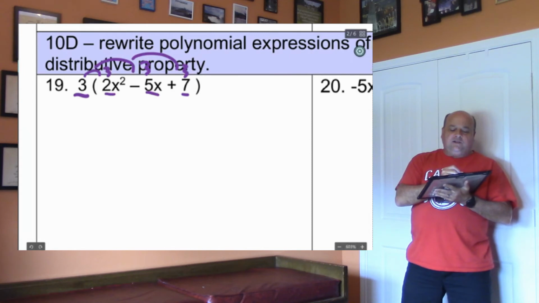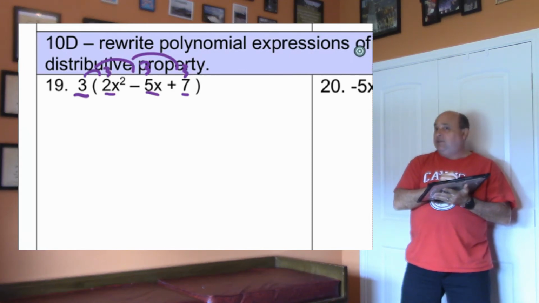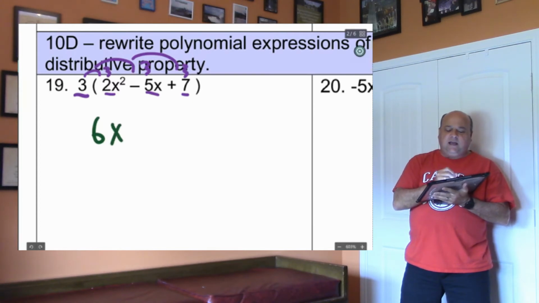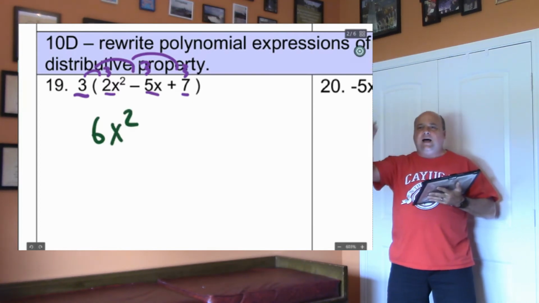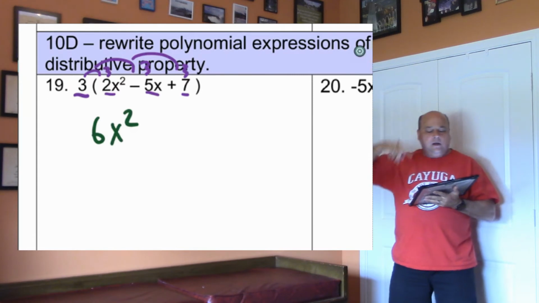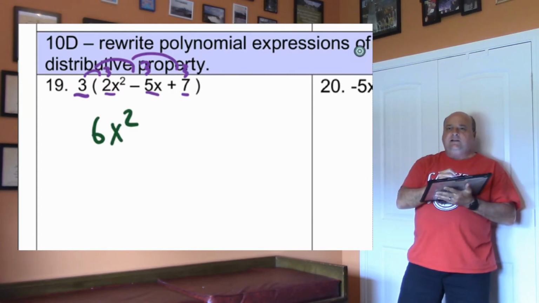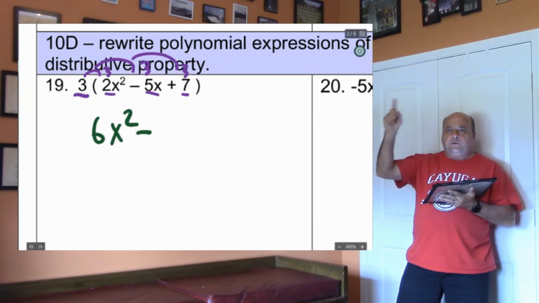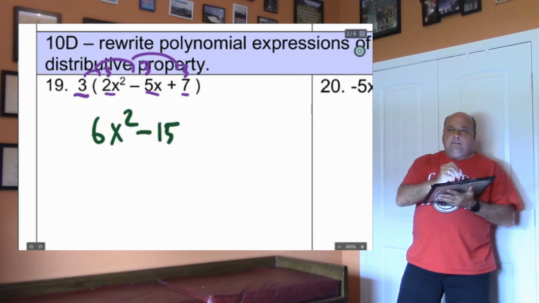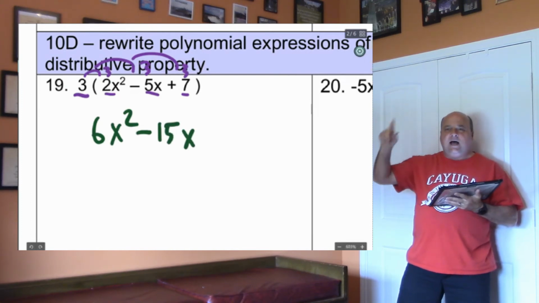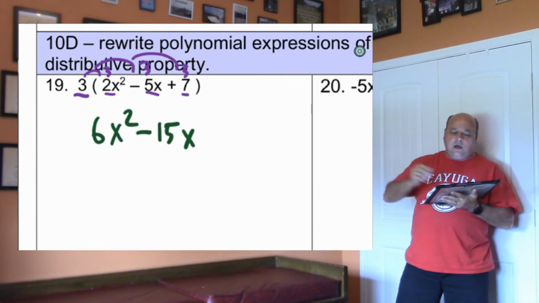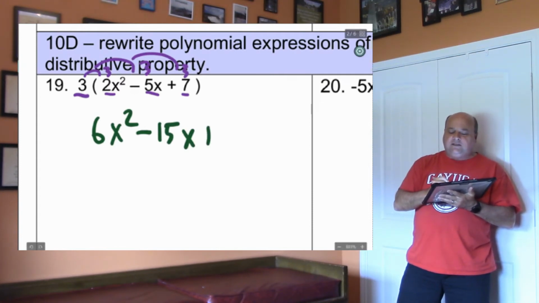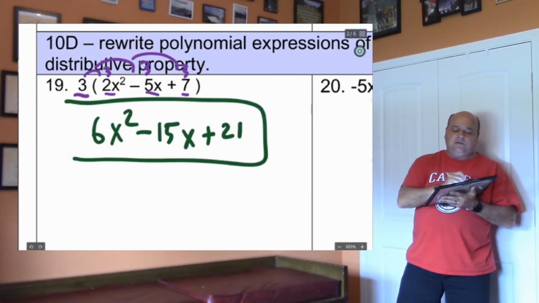Okay? So what is a positive times a positive? It's positive. I don't put it at the beginning. 3 times 2 is 6. My letter is x. My exponent's 2. Sign, number, letter, exponent. Continuing on. A positive times a negative is a negative. 3 times 5 is 15. My letter is x. Sign, number, letter. Continuing on. A positive times a positive is a positive. 3 times 7 is 21. That is my answer.